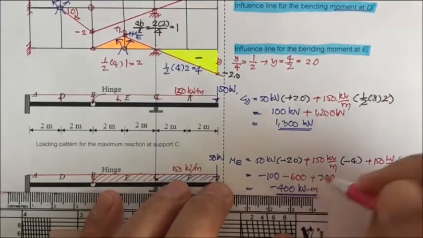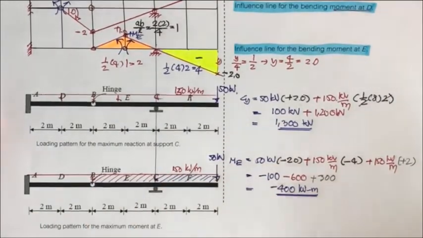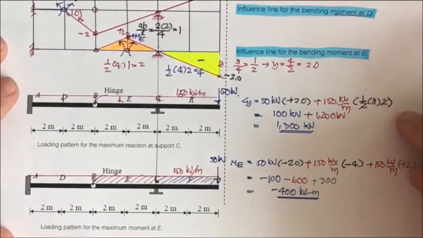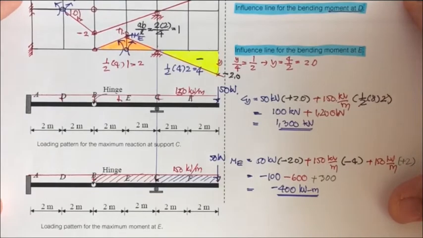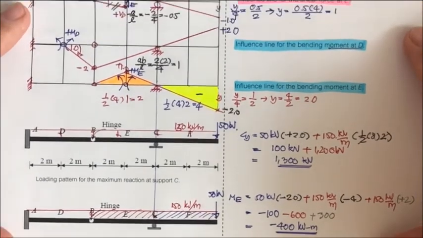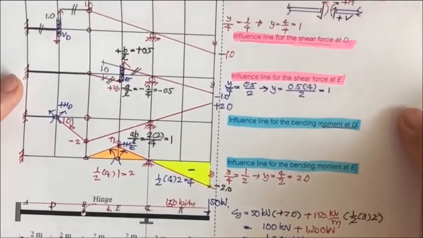Okay, and finally you get the M sub E of minus 400 kilonewton meter. See, that is quite understandable, right? You guys will do it with some listening. Okay, it's not a guess. You must do it with something that's explainable.